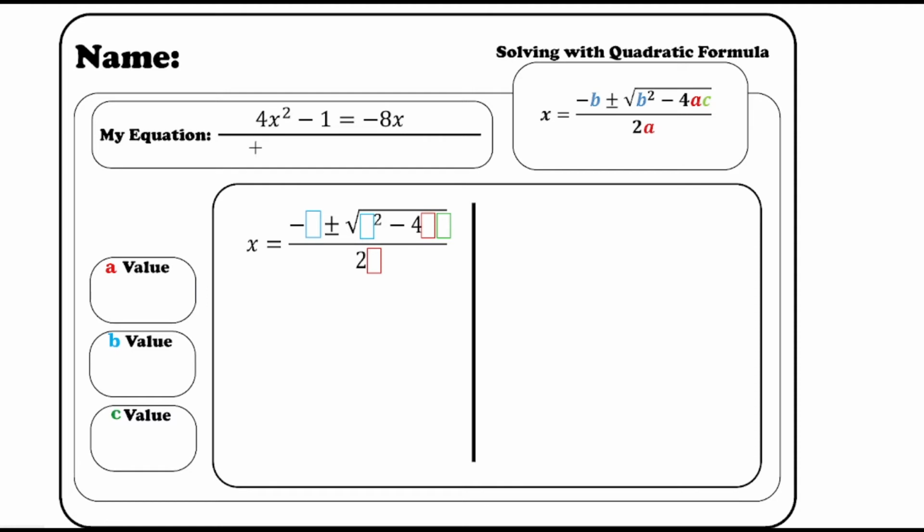So, working this one, okay, 4x squared minus 1 equals negative 8x. So, if we manipulate this one, 4x squared minus 1 equals, or it would be now positive 8x, okay, equals 0. So, using addition property of equality. Okay? So, again, itong part na to, hindi pa siya naka-arrange into its general form.